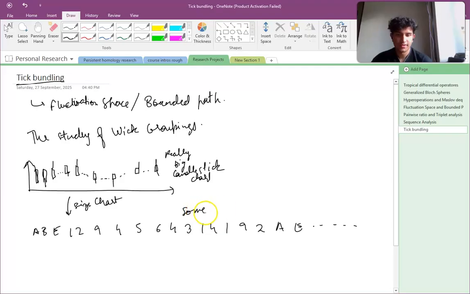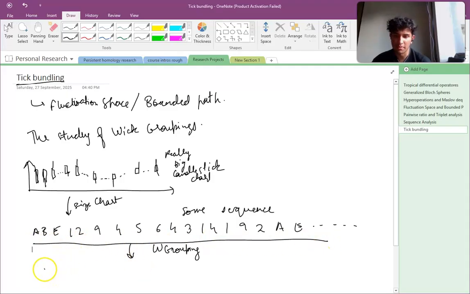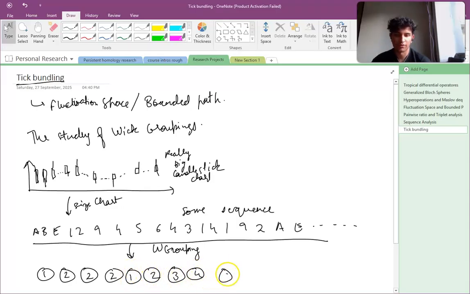Some sequence, and then you apply the big grouping, and so you reduce these characters into just mere 1, 2, 2, 3, 4, 1, 2, 4, and so on.